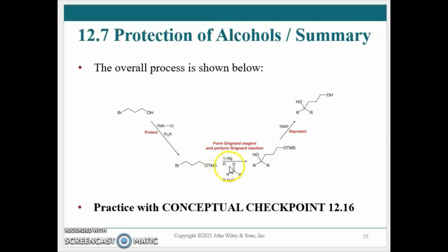And that is then going to react with our carbonyl containing compound. So we're going to introduce the carbon-carbon bond, this string onto this carbonyl carbon, as you see here, and then deprotect the alcohol using tetrabutylammonium fluoride to have the desired diol as the product.